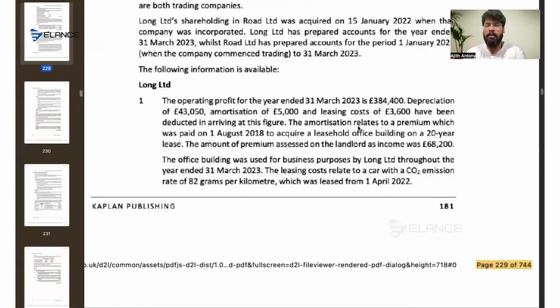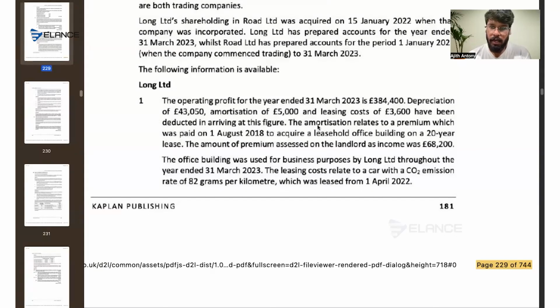And then there was a leasing cost of 3,600 that has been deducted. Normally the leasing cost is allowed expenditure. The disallowed leasing cost is only for the lease amount we are spending on leasing a car with CO2 emission more than 50.